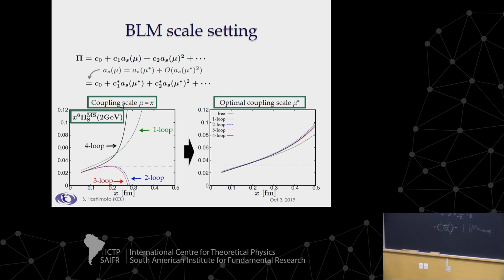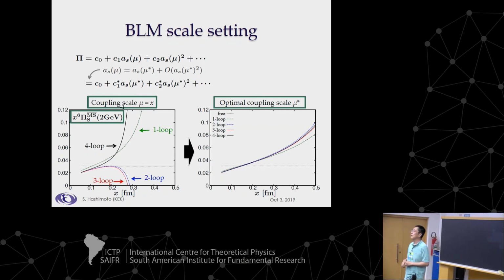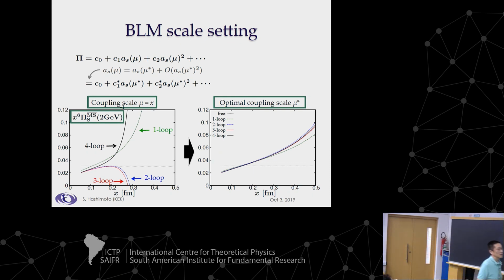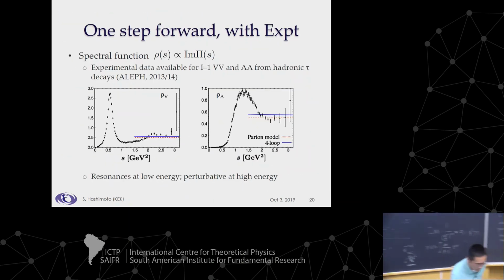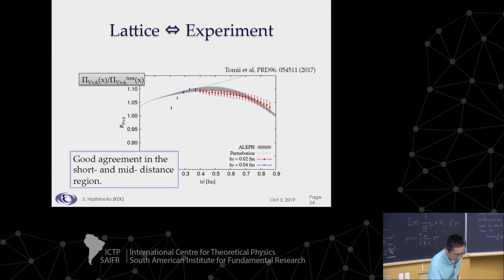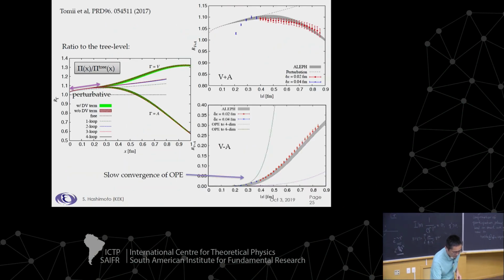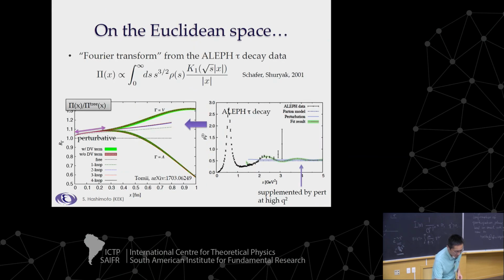Can you show again the transparency where you have the comparison with the spectral function of ALEPH? You had a plot with the spectral function of ALEPH for the vector channel, I think. Yes, that one. So that's for the vector channel. Do you have the same for the axial channel? We did the same thing for the axial channel.